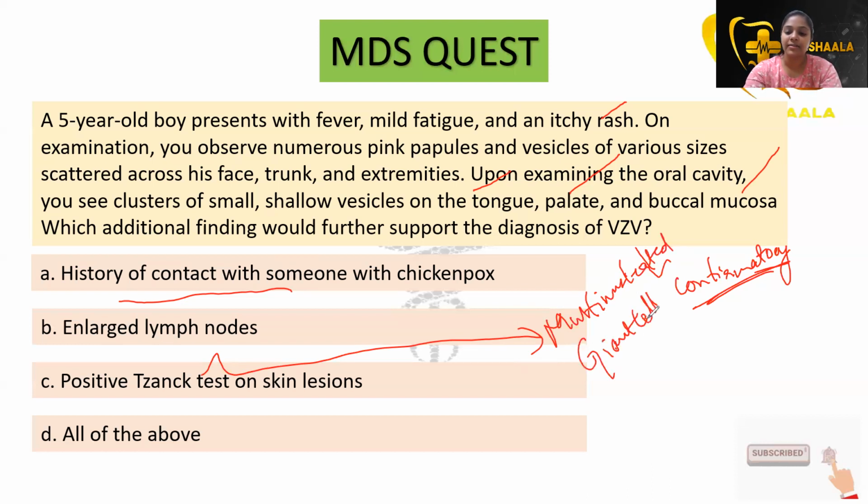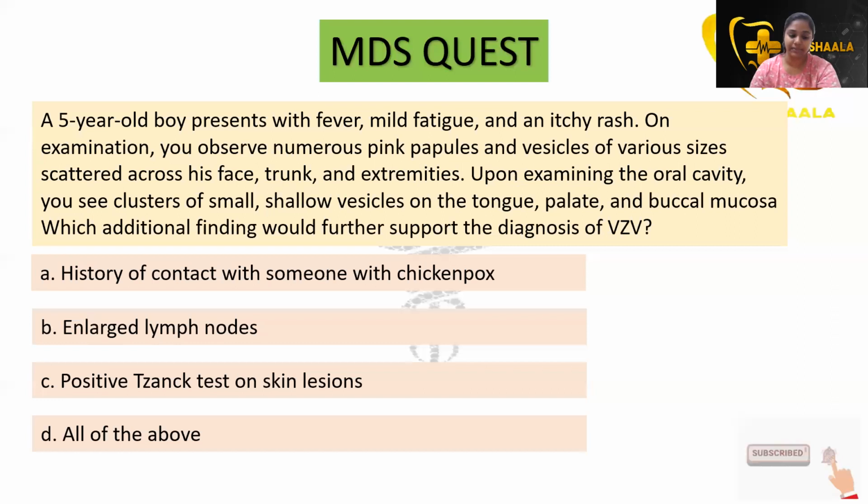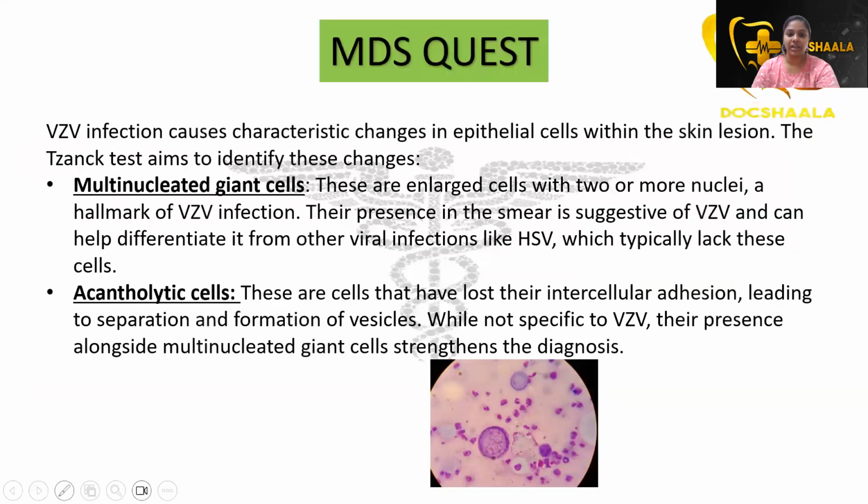So the Tzanck test is used to confirm the multinucleated giant cells which appear in chickenpox infection. So let's see what are the things we can see. The changes are, as we have discussed, multinucleated giant cells, large cells with two or more nuclei, which is the hallmark of VZV infection. So this is very important in the microscopy.